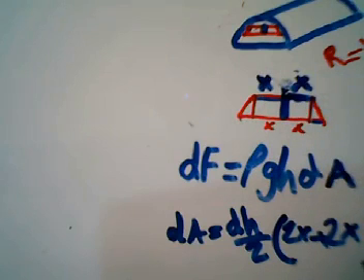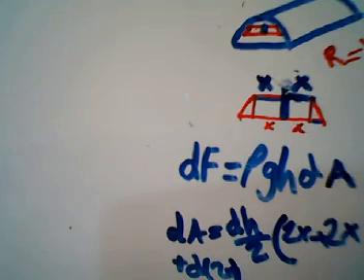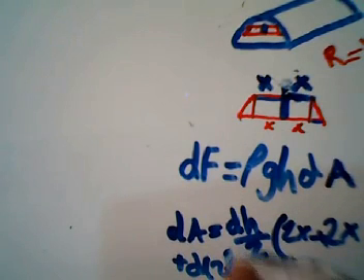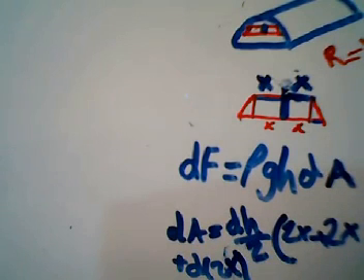So that would be, let me write the rest here, plus d2x, which means the infinitesimal change of 2x. And so this is 4x plus d2x.